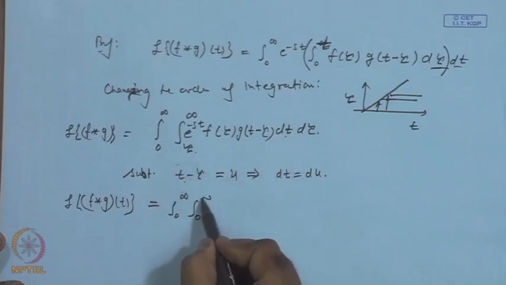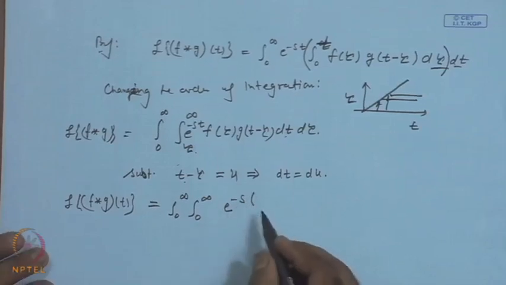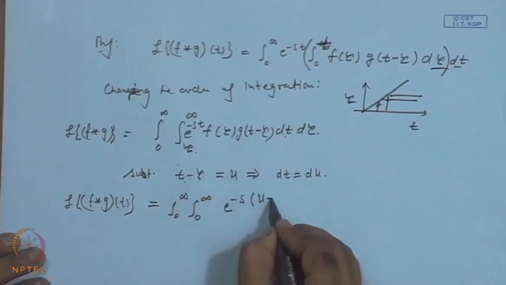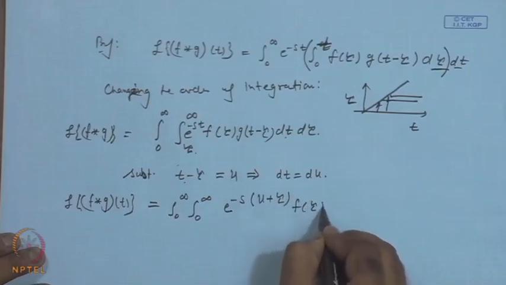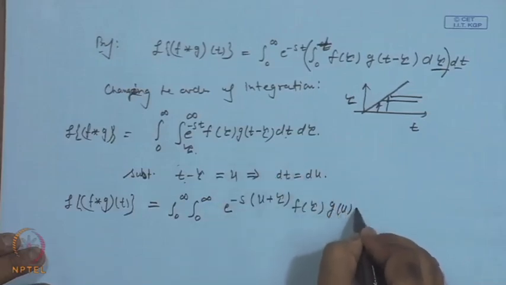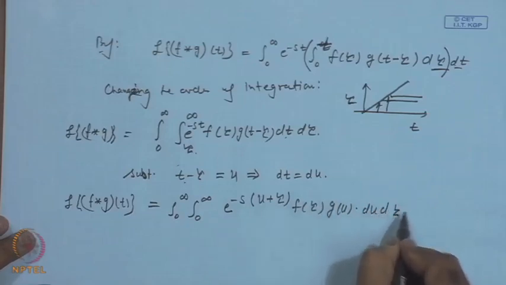So, e to the minus s times u plus tau, we have f(tau) g(u), and dt is du, and then we have d tau.